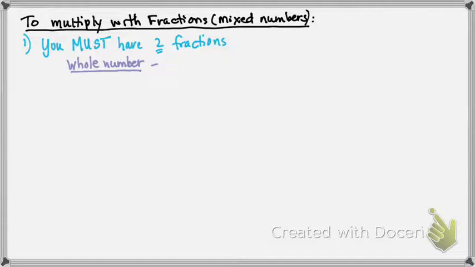So we're going to give it a denominator of 1. So, in other words, 32 is going to become 32 over 1. Okay, not too shabby.